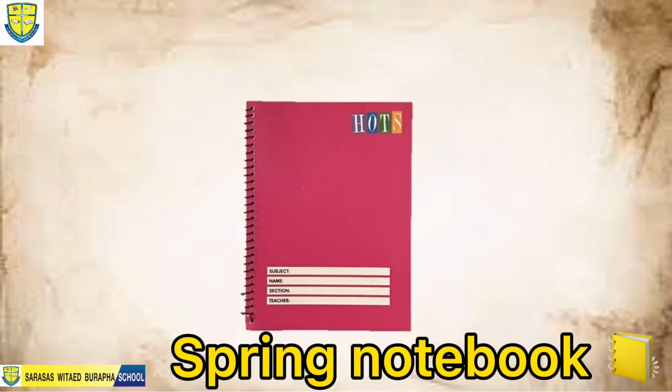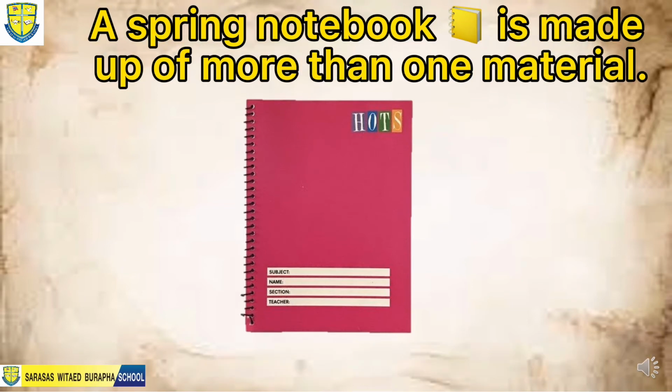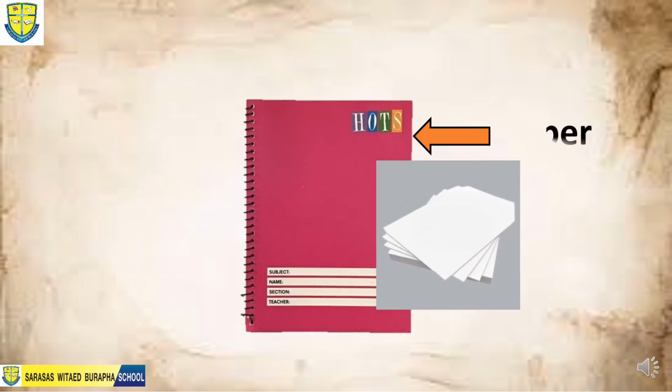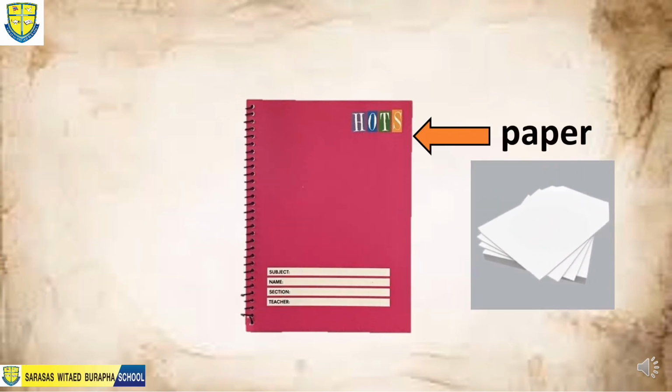It is a spring notebook. A spring notebook is made up of more than one material. Let's identify these materials. Let's start with the cover of the notebook. The cover of the notebook is made out of paper. Yes, it is paper.